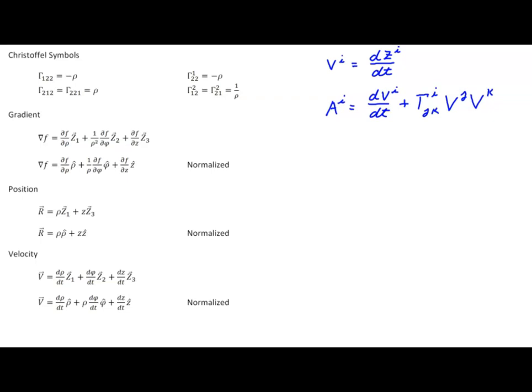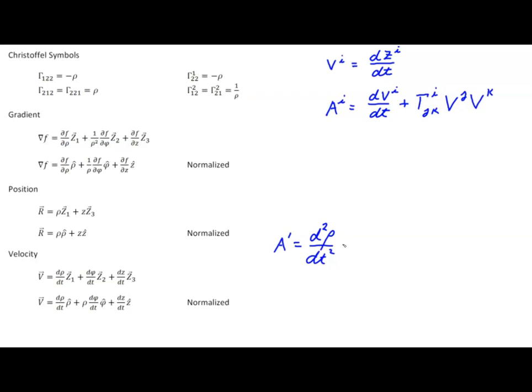Let's see. We'll start with A1. And A1 is going to be the time derivative of V1. V1 is d rho dt, so this is going to be the second derivative of rho with respect to t. And then we're going to have to add a term for each Christoffel symbol that has a 1 in the upper position.